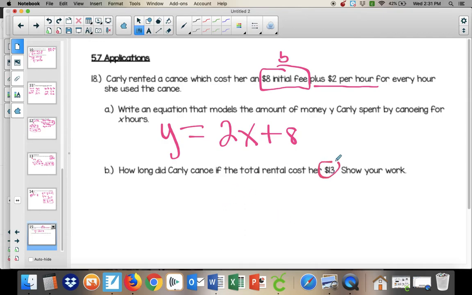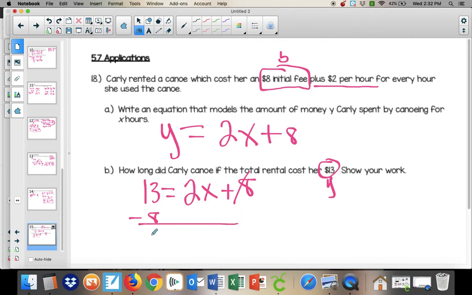Okay, well the 13 represents the y. So 13 equals 2x plus 8. So take away the 8 and I'm left with 5 is 2x. When I divide by 2, it means that she rented for 2.5 hours.